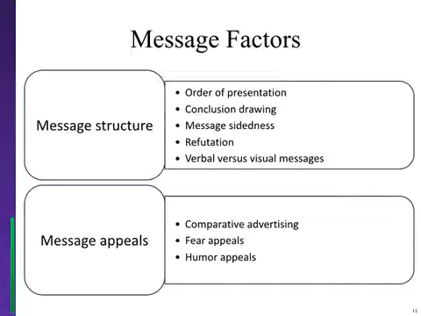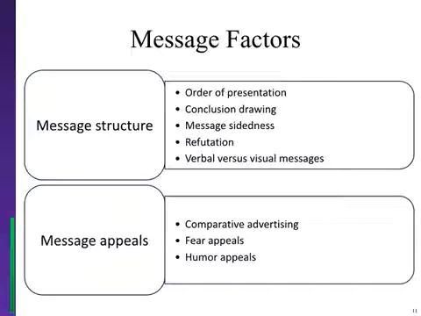But early or late's better than in the middle. Does the message draw conclusions for the receiver? Is it one-sided, or does it show both sides? Does it refute any potential objections to the message? Is it both verbal and visual? Those are some of the things that affect how well the message is received.